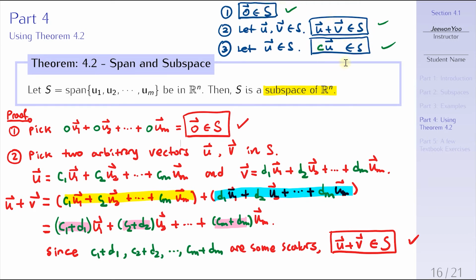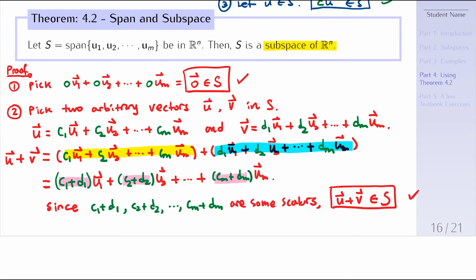How about we check the last one, c times u? Everyone, instead of using c, I decided to use r. The reason is I want to use c1, c2, cm for u right here: c1 u1 plus c2 u2, and so on.